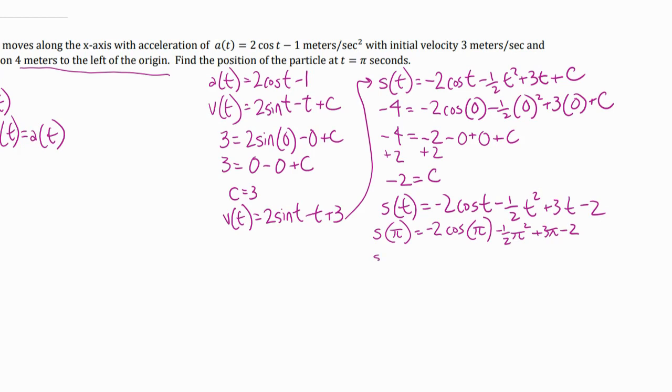So s of pi is equal to negative 1/2 pi squared plus 3 pi. And then cosine of pi is negative 1. Negative 1 times negative 2 is positive 2. Positive 2 minus 2, that part actually goes away. So s of pi is just this.